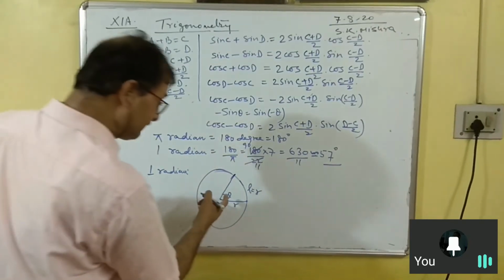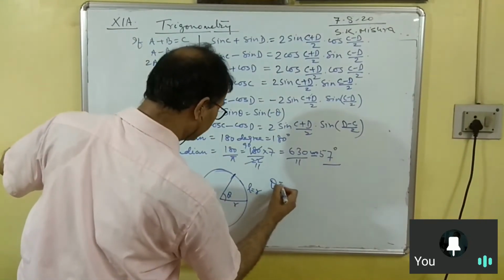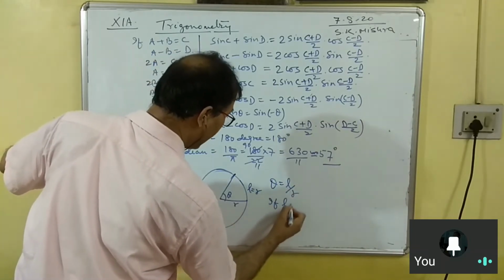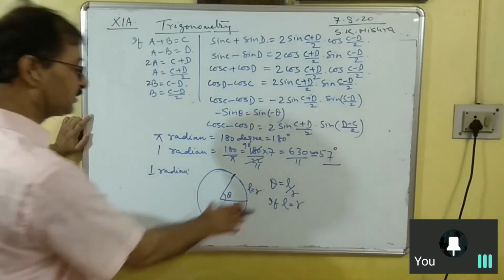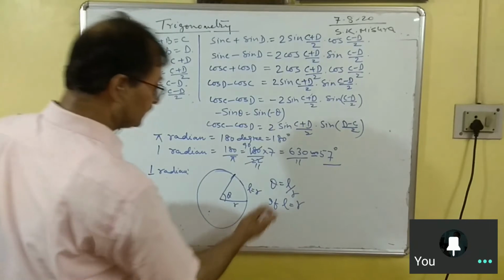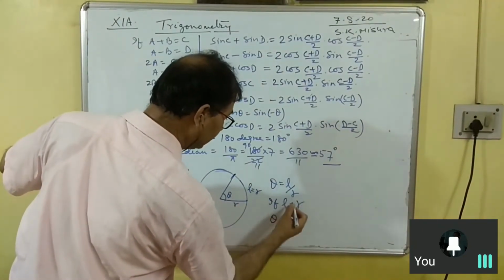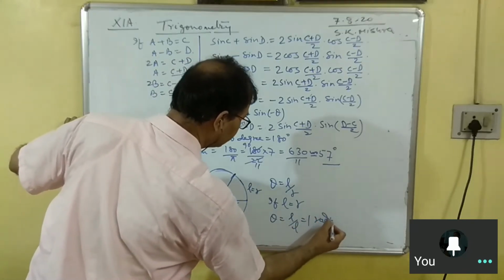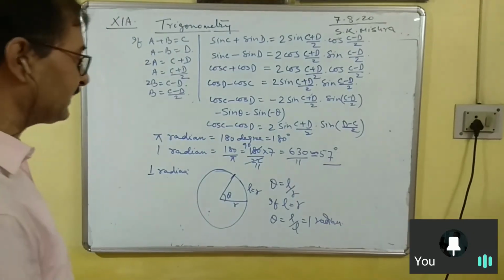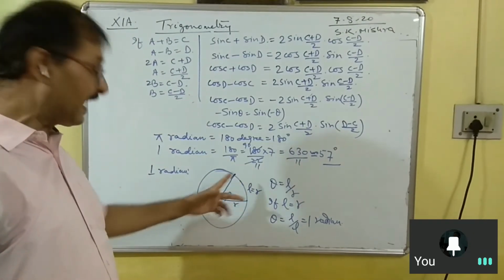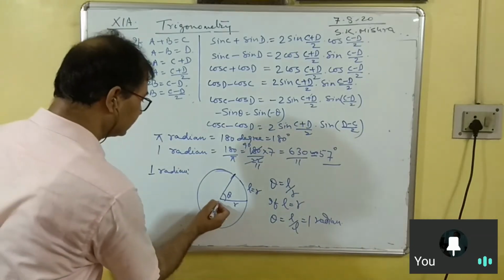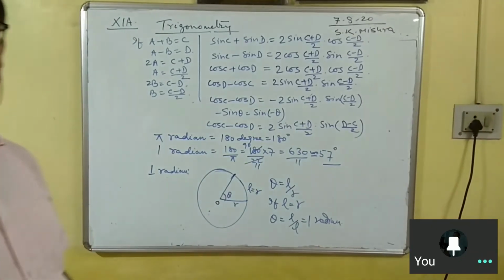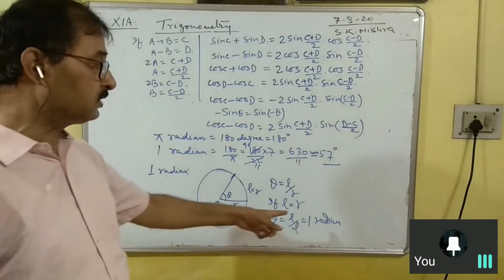If theta is measured in radian, then theta equals L by R. The moment L becomes equal to R, theta is equal to L by L, which is 1 radian. So 1 radian is the angle subtended by an arc of a circle at the center of the circle, whose length is equal to the radius of the circle.